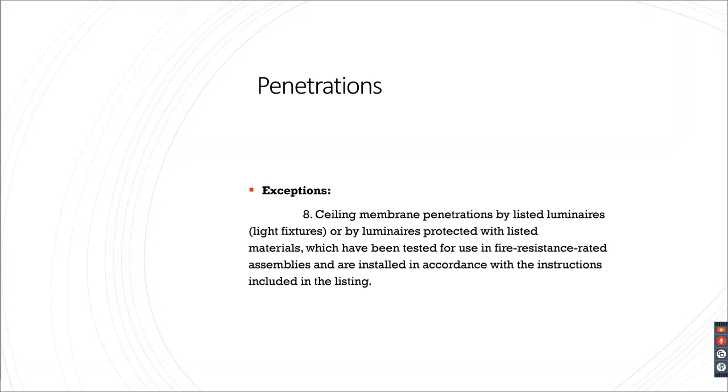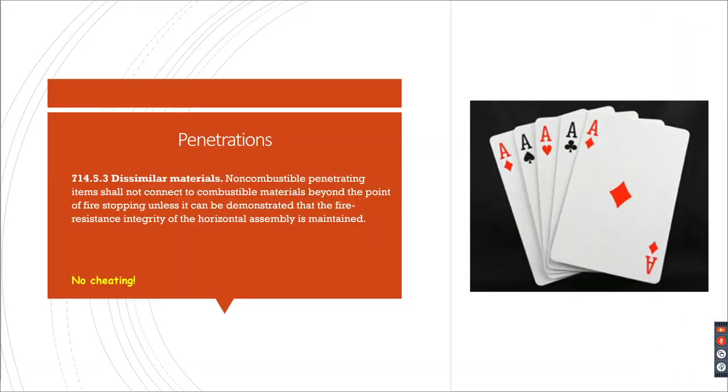It's giving you the 2 choices here, which have been tested for use in fire resistance rated assemblies and are installed in accordance with the instructions included in the listing. And again, for dissimilar materials, if you've got non-combustible connecting to a combustible, that can't happen beyond the point of the fire stopping unless it can be demonstrated that the fire resistance integrity of the horizontal assembly is maintained.